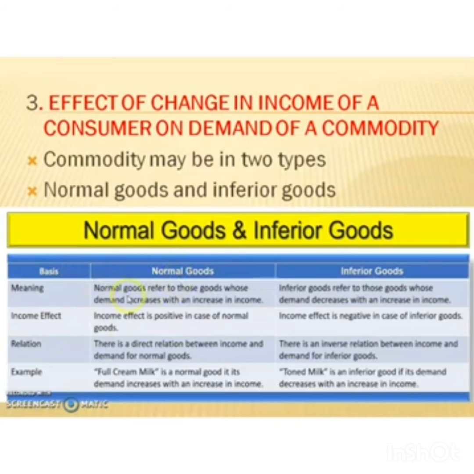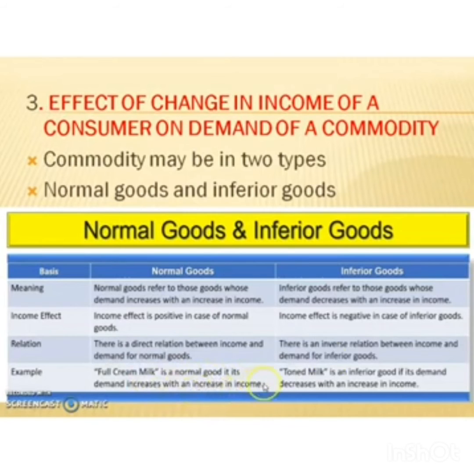Normal goods refers to those goods whose demand increases with an increase in income. That means if income increases, the demand for normal goods also increases. There is a positive relation between income and demand for normal goods. For example, full cream milk is a normal good. Its demand increases with an increase in income.